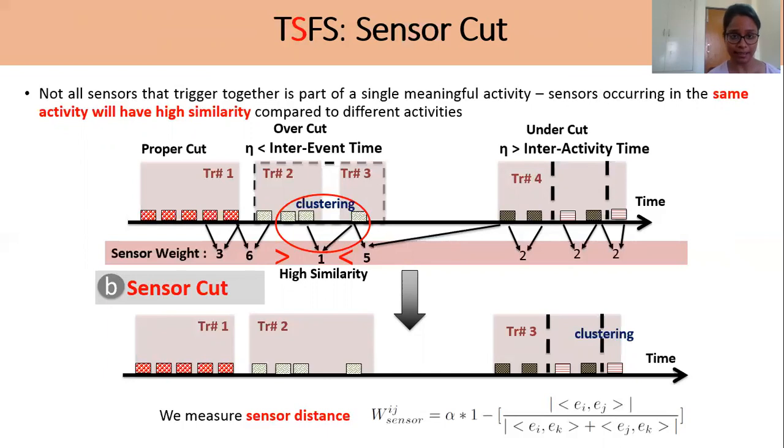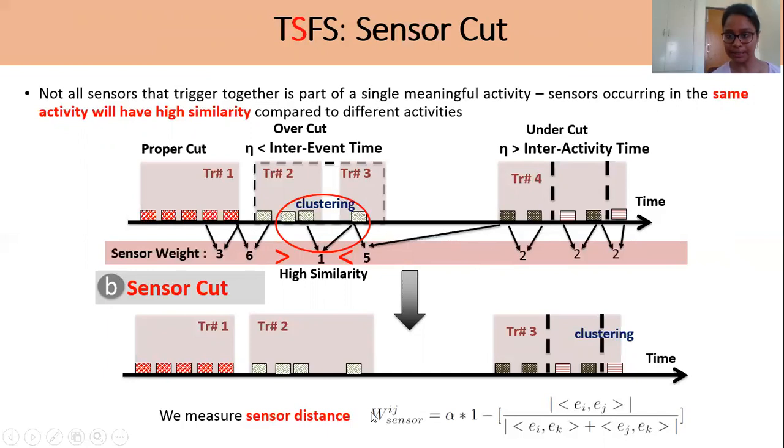In this case, the similarity between transaction 2 and transaction 3 is very high. A small number is high similarity, so you can add them together. So sensor cut is able to get transaction 2 well by combining transaction 2 and transaction 3.